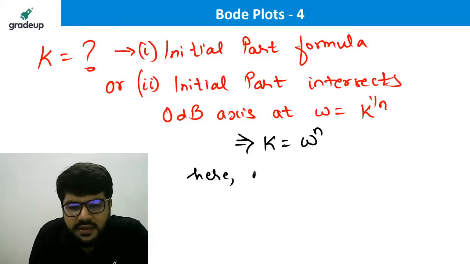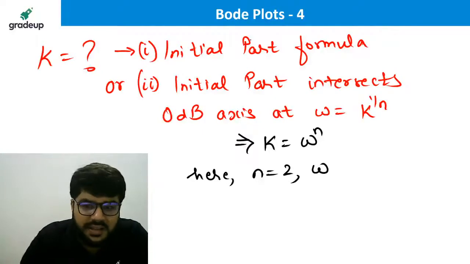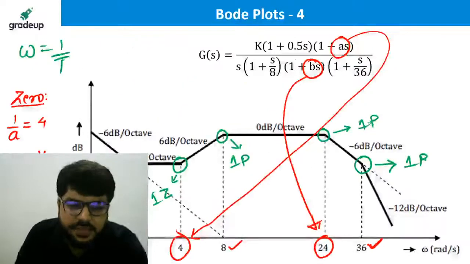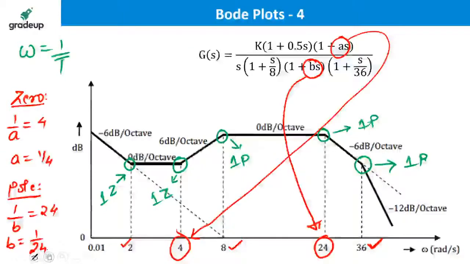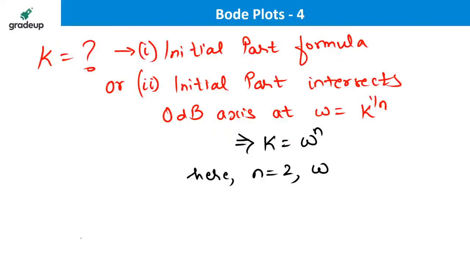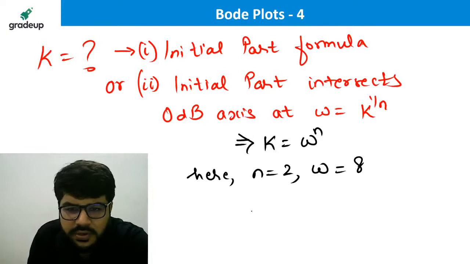Here, the value of n is 2, and omega is the frequency at which the initial part intersects the 0 dB axis. That is also seen. Look at this. I will just make an extension of this. This is the initial part intersecting the x-axis at the frequency 8. So here omega is equal to 8.